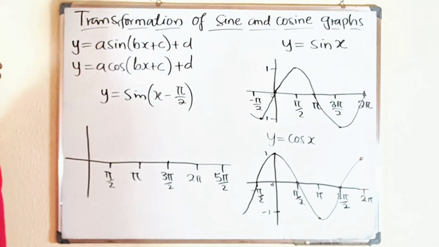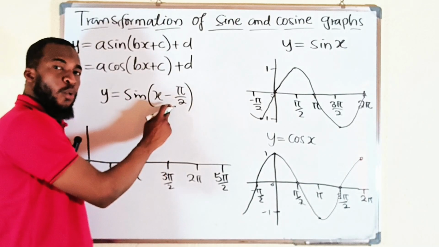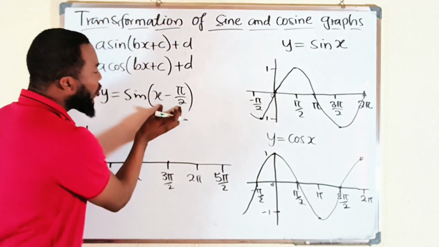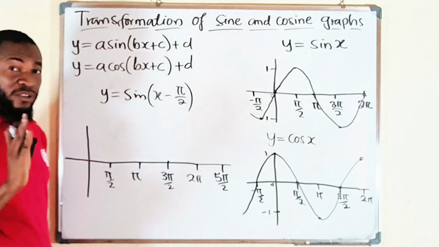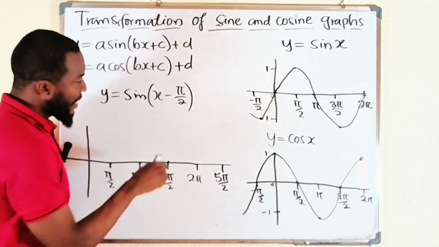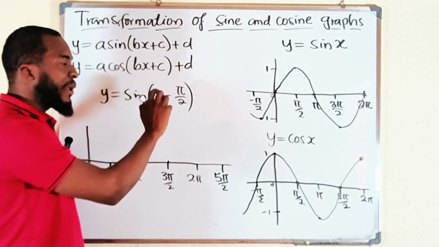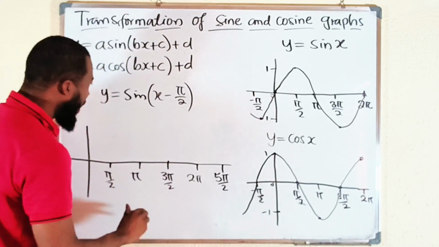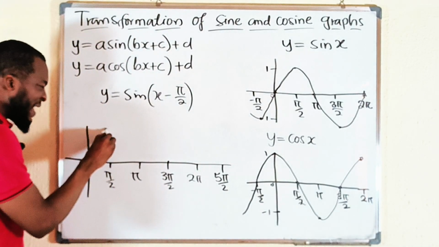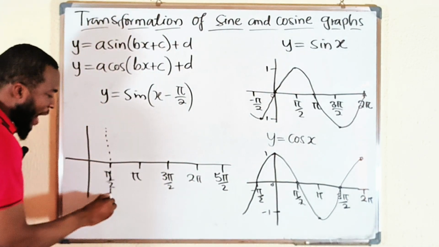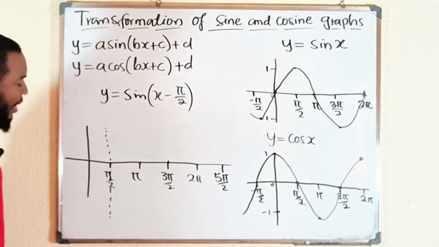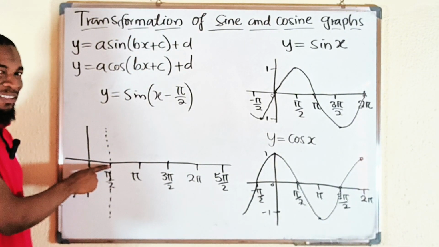To determine the horizontal shift, you can always take this and set it equal to 0, or you can do that mentally. If you set this equal to 0, it means that x will be equal to pi over 2. So come to pi over 2 and draw your imaginary y-axis. This time around you're going to start from here.